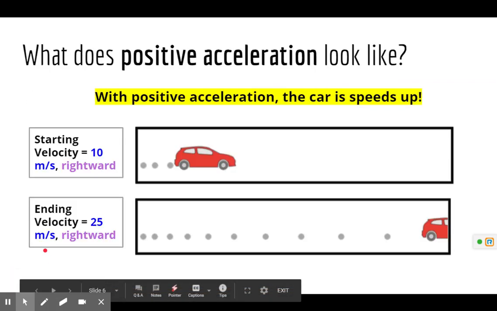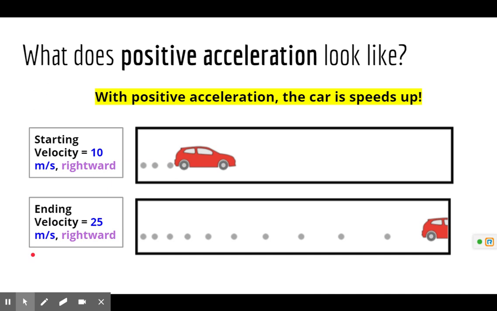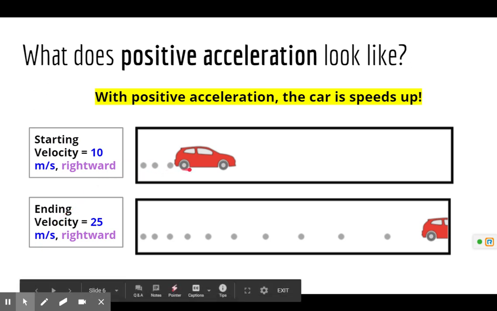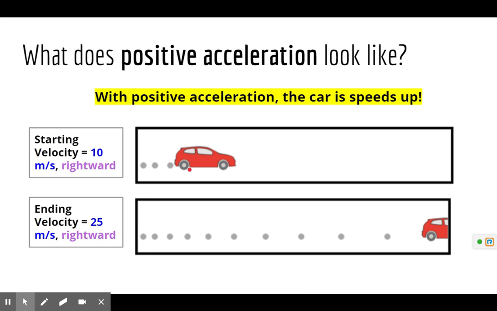What does positive acceleration look like? With positive acceleration, the car is speeding up. In our first frame, we have the car starting out with a velocity of 10 meters per second in the right direction.